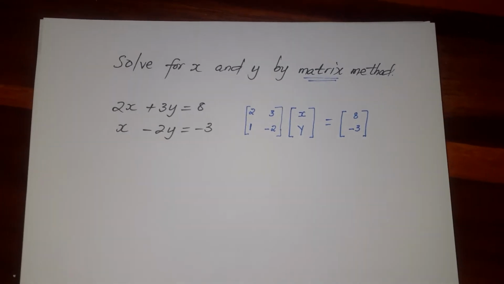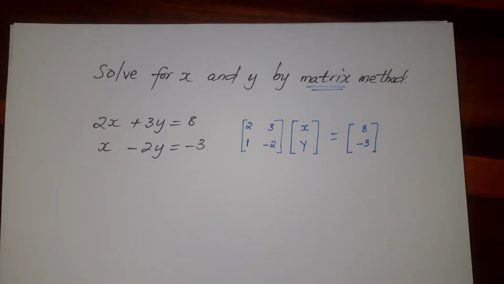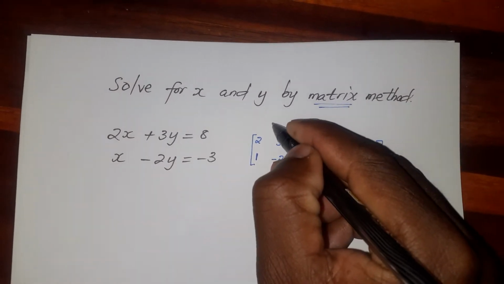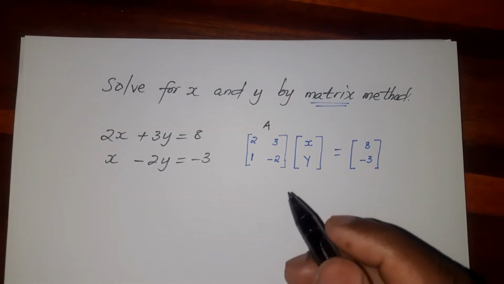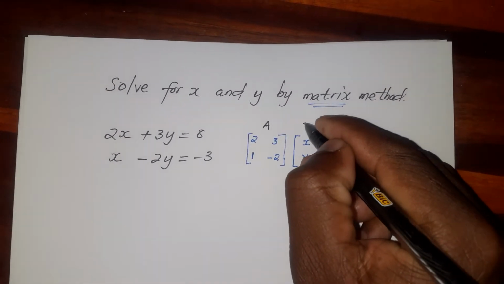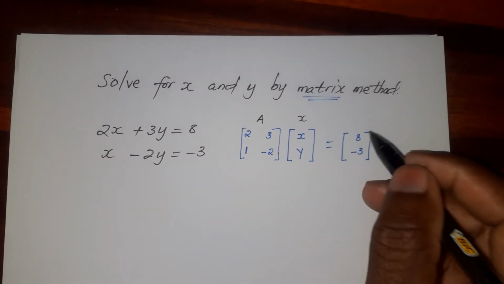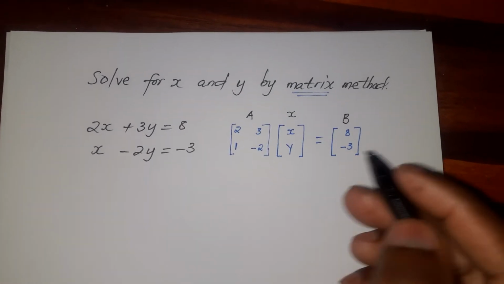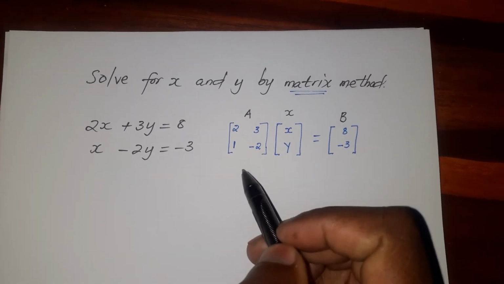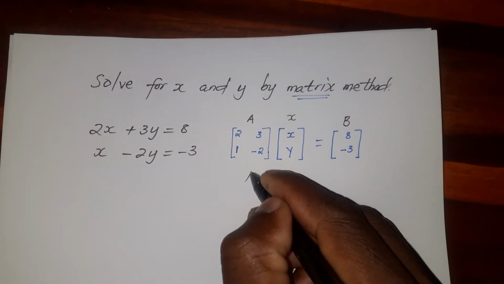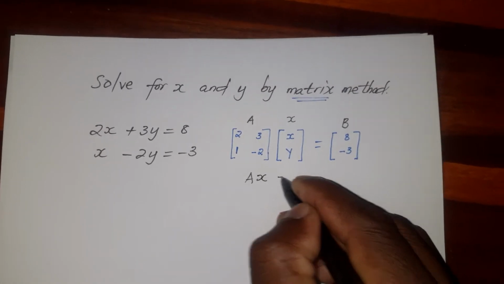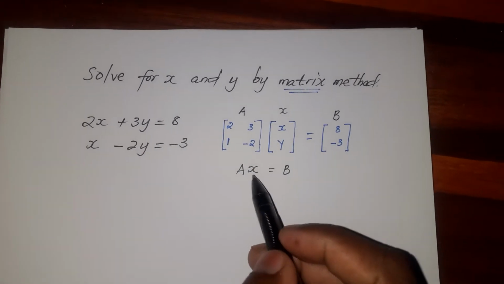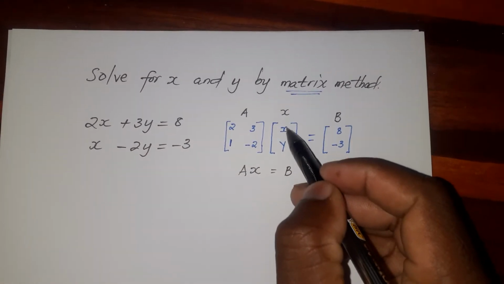Now what we need to know is that suppose the first square bracket, we label it as A. The second square bracket, we label it as x only, while the last one we label it as B. Therefore, since these two square brackets are multiplied, we say A times x equals B. Now, what we want to find is this x standing for the two variables, x and y.